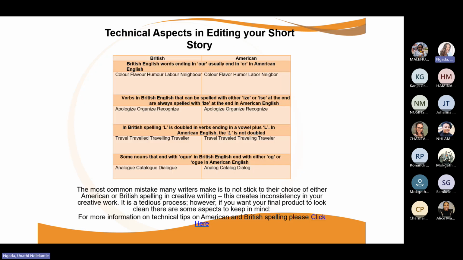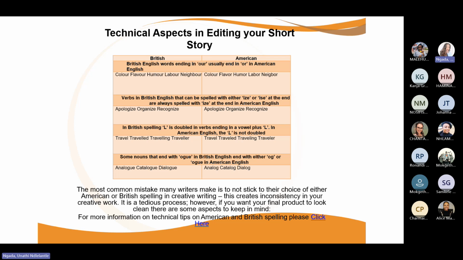Then, in terms of the language in your short story, we normally use the British language conventions when it comes to spelling. Another easy way to detect whether an assignment is AI generated without using Turnitin is that AI will give you a short story and stick to American language conventions.